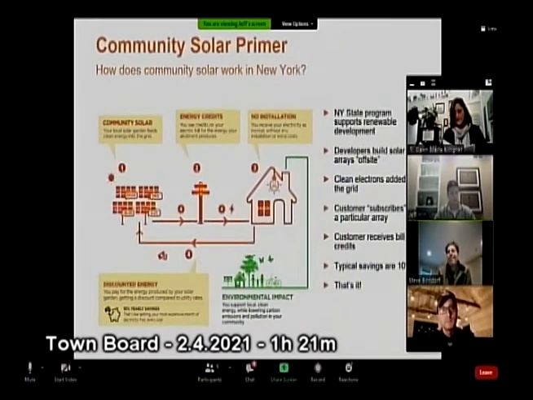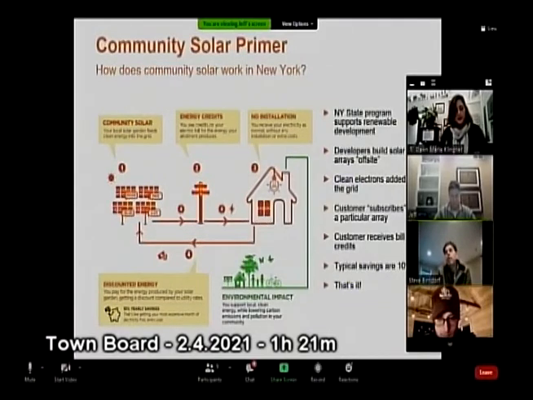I'll start from the beginning, and I'll keep it high level. And again, we can dig into the policy, whatever you guys like. But effectively, community solar, the good news is that it's pretty simple to understand, and the program is very well defined. It's a New York State program run by NYSERDA, New York Sun. It is well regulated.